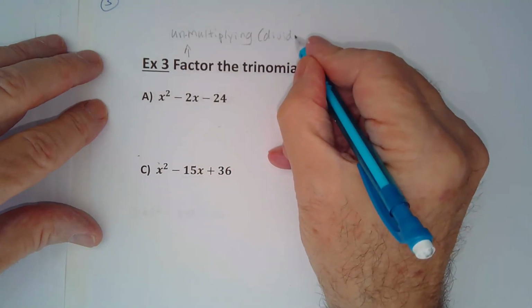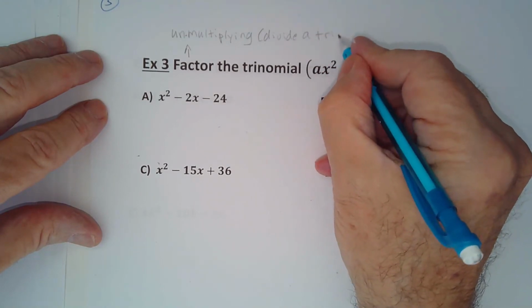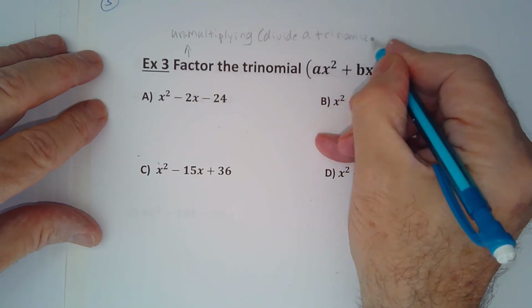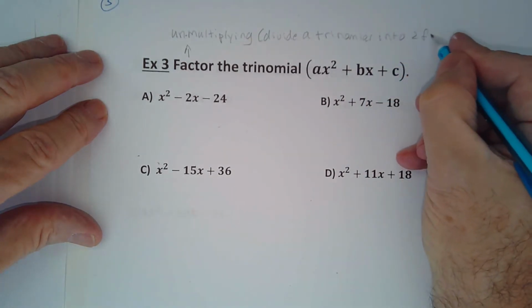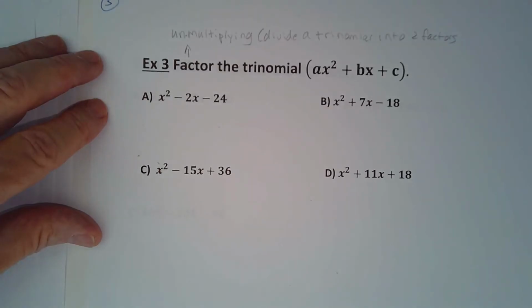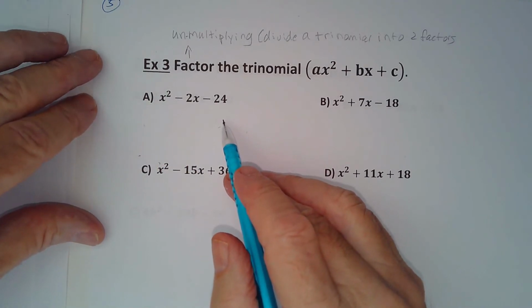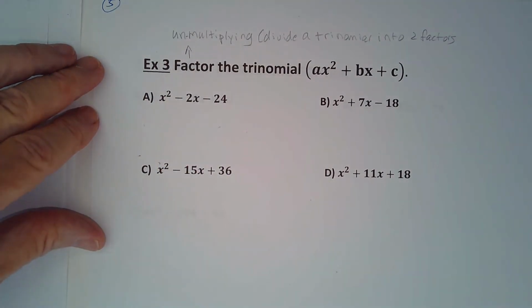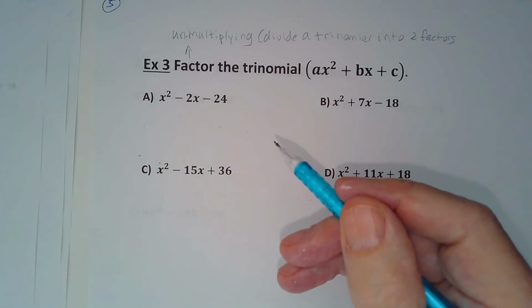You're dividing a trinomial into 2 factors. So this is a trinomial, and the way you factor that trinomial is you basically do what I always call reverse FOIL.